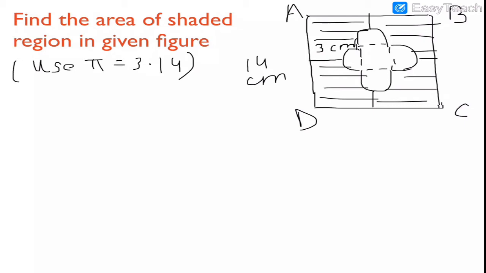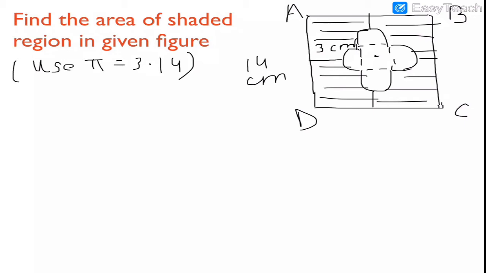To calculate the area of shaded region, we'll do area of square minus area of these 4 small semicircles minus the area of this middle square. First of all we need to calculate the area of 4 semicircles.